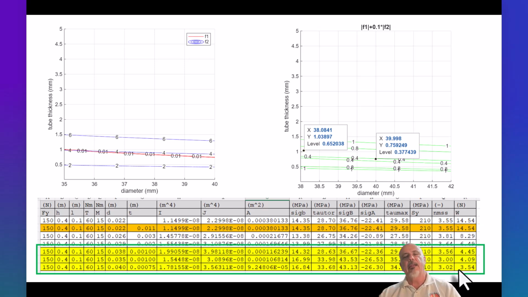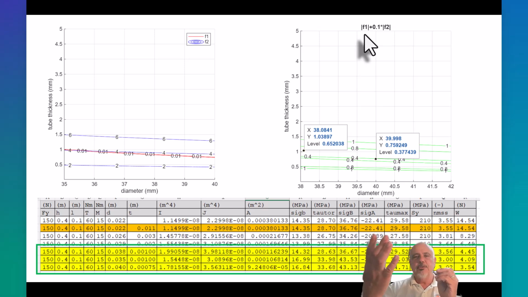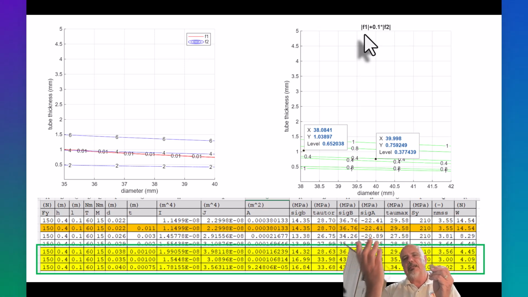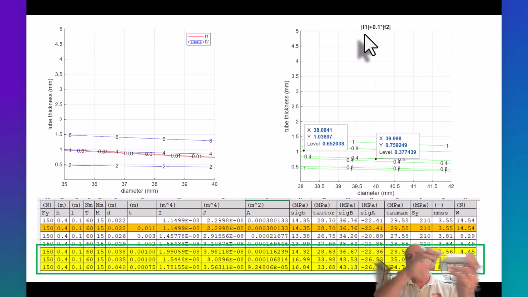But all of this is coming about from analyzing it from that optimization perspective, where a certain safety factor is embedded in F1, and then F2 takes care of the weight. And I'm only taking 1/10 of that because the weight is considerably bigger in magnitude than my safety difference.